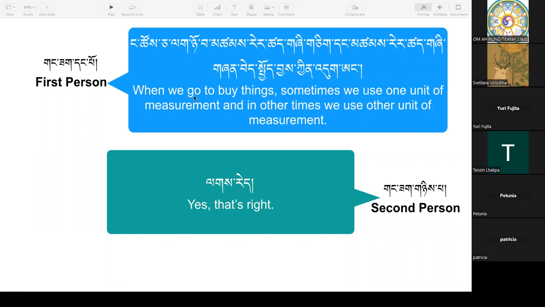Okay, so one more time so you can listen to the pronunciation. Chala nyowa samrir tseshi jikdang samrir tseshi shen peju chekin dukang.